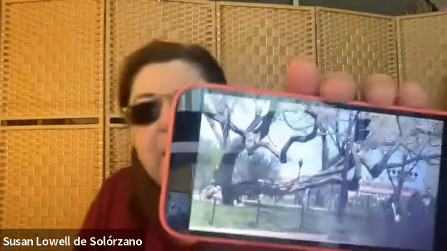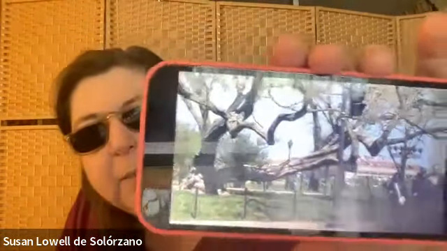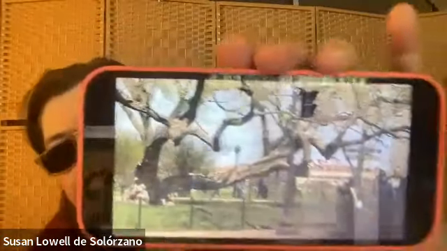And people were like, oh no, don't sit on it, you'll break the branch. Well, think of the millions of people that come to DC. This is right between the Washington Monument and where the cherry blossoms are. Millions of people, kids are sitting on that tree all the time, all these years. That branch is fine.